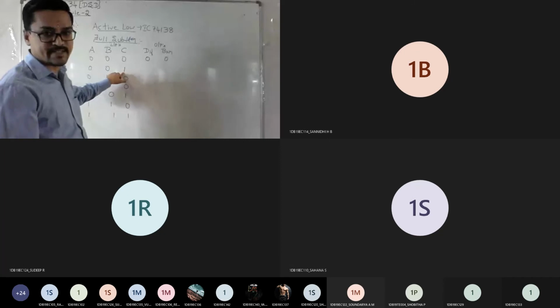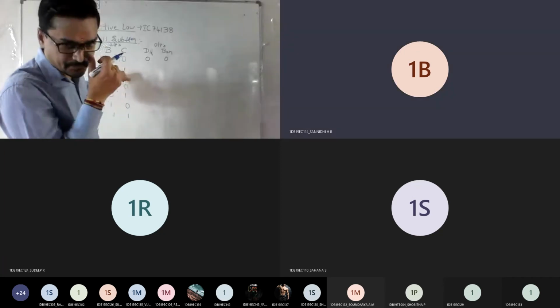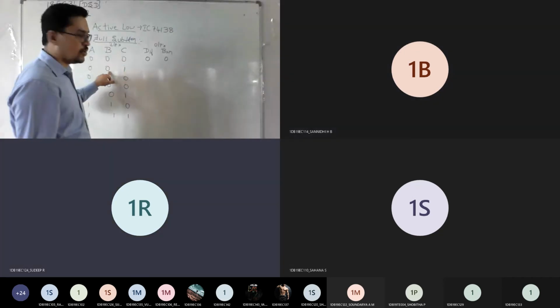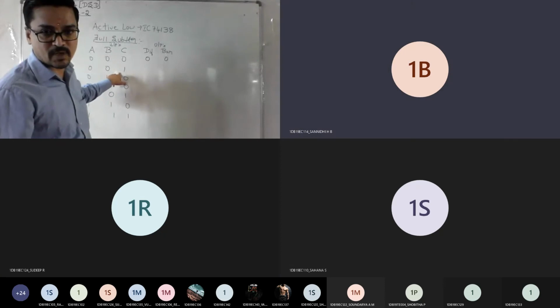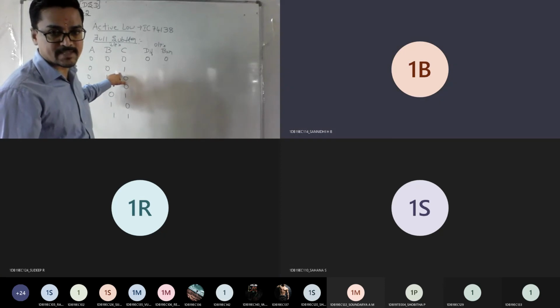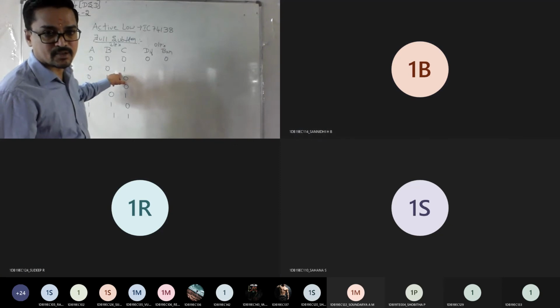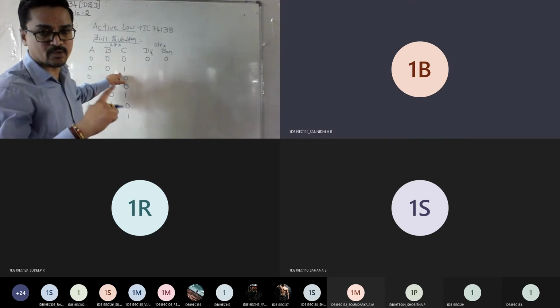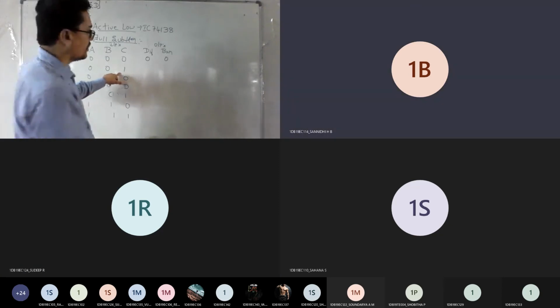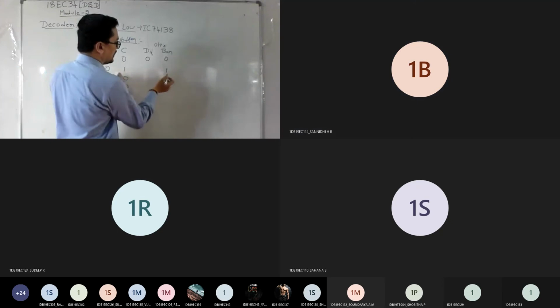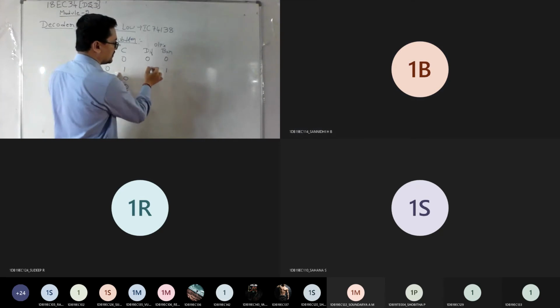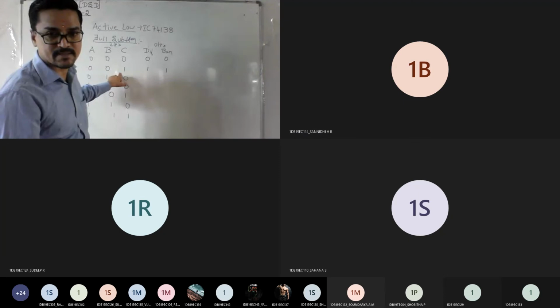What is difference? What is borrow? Borrow 1, difference 1. We know that I can't subtract 0 minus 1, correct? So I need to take 2 as a borrow. Why 2 only? Because it is a binary number. So I can take 2 minus 1. I am taking 1 as a borrow, and after subtracting 2 minus 1, you will get 1 as a difference. Is it fine?